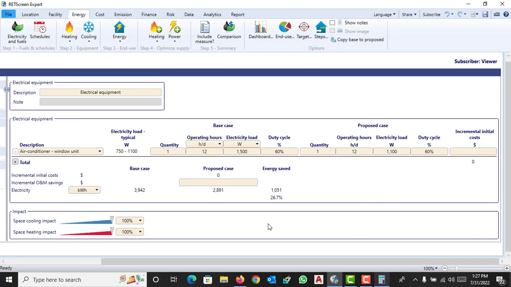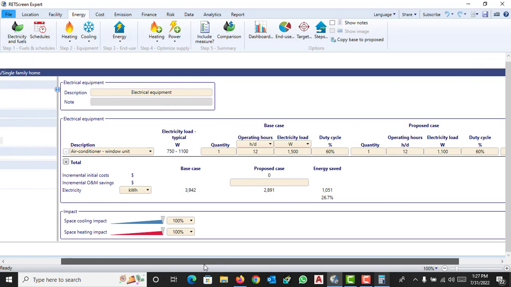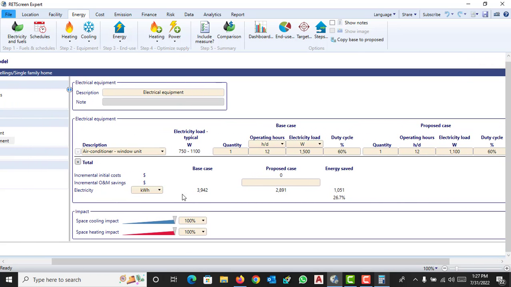So you can see this is the electricity consumption. In the base case you are consuming 3942 units or kilowatt hours, but in the proposed case, when you switch to an inverter or any type of air conditioning with a good COP, coefficient of performance, you can reduce the electricity load.